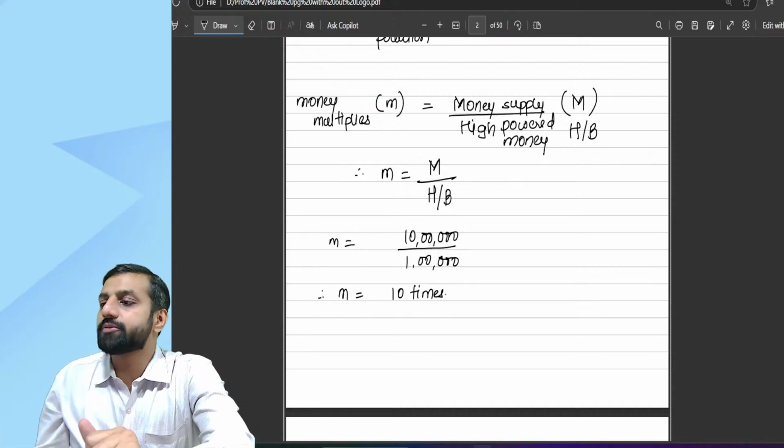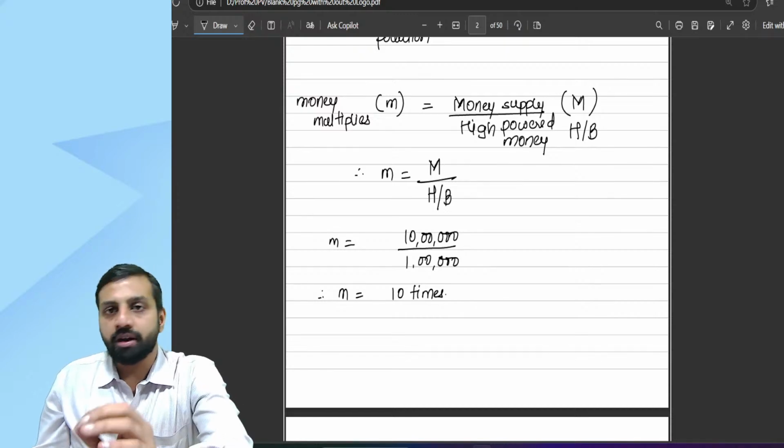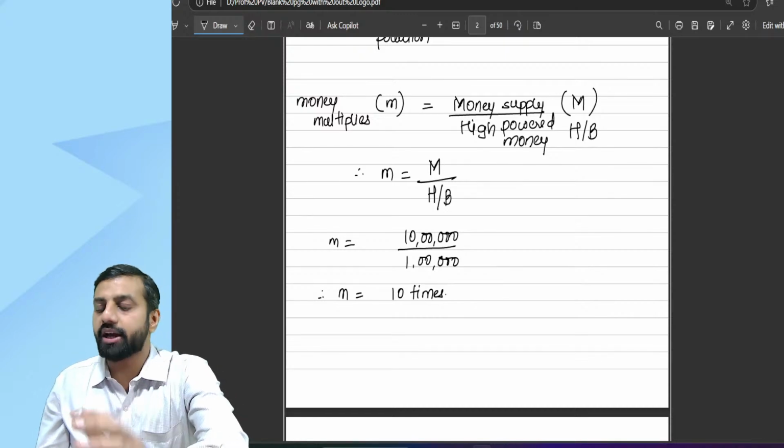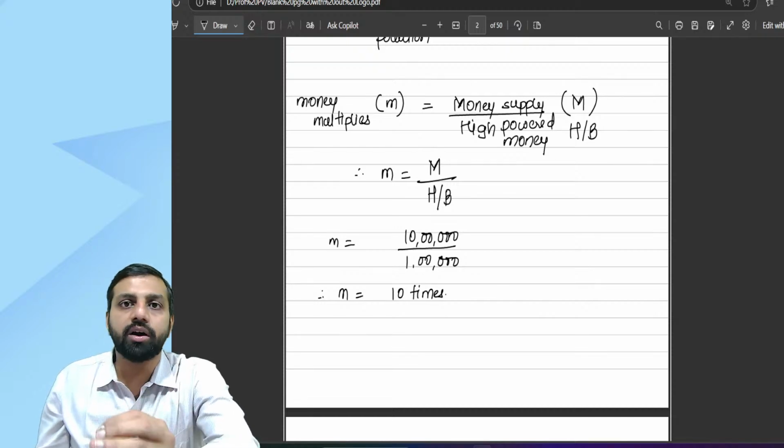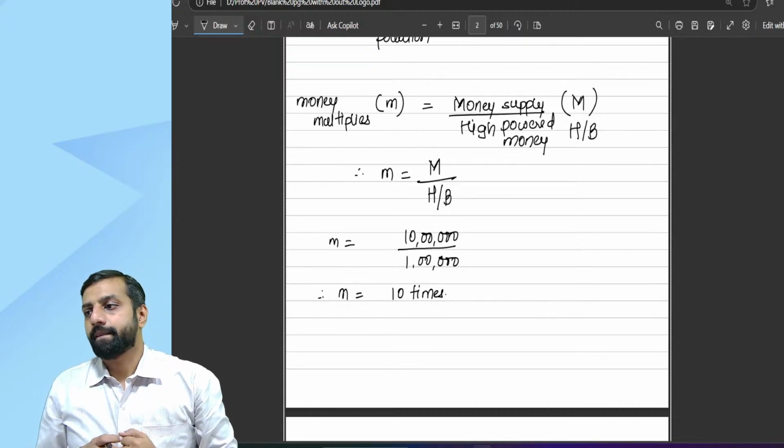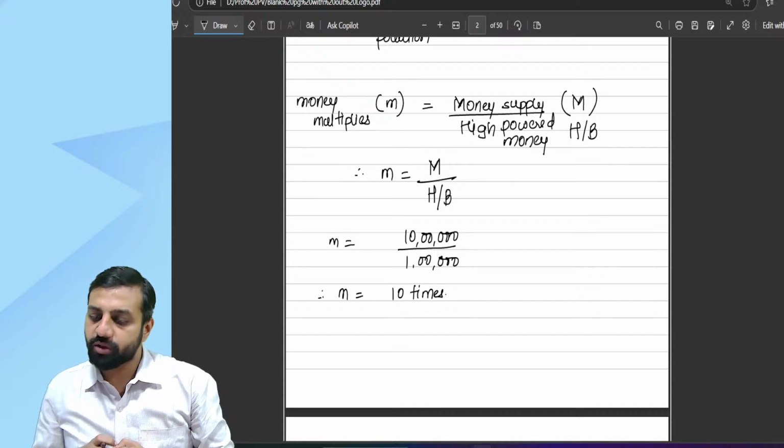So what is the concept of money multiplier, Surya? Money multiplier is the money supply upon the high powered money. Are we clear with this one, Surya?